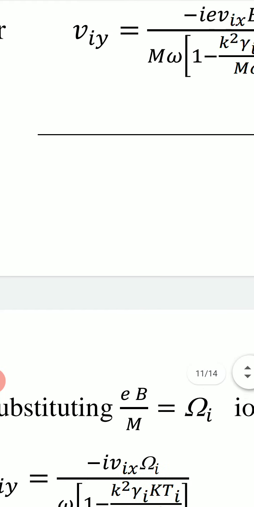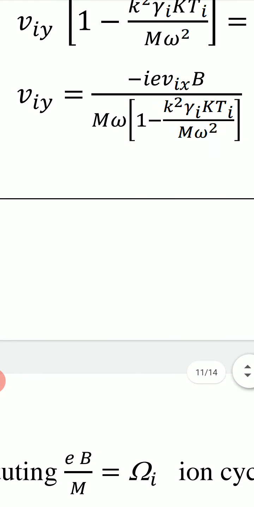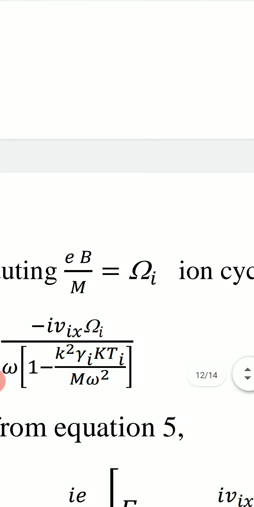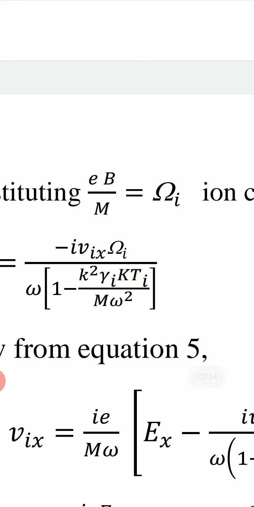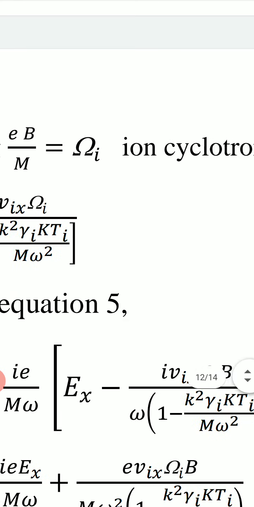Now EB upon m, with EB in the numerator and capital M in the denominator, we can write as omega I. It is the ion cyclotron frequency.